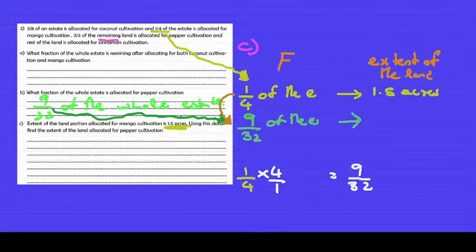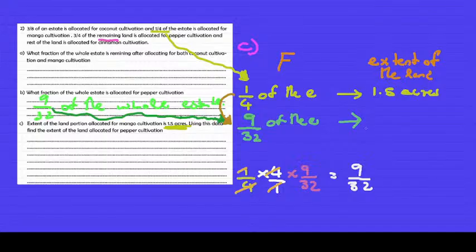Then what you need is 9/32, so multiply by 9/32. So now what happens? 4 and 4 get cancelled, 1 and 1 get cancelled. So what we get is 9/32. So in order to change 1/4 to 9/32, we have to multiply first by 4/1, then by 9/32.